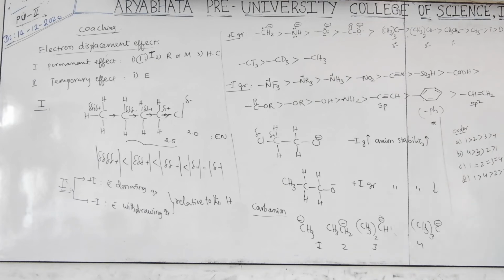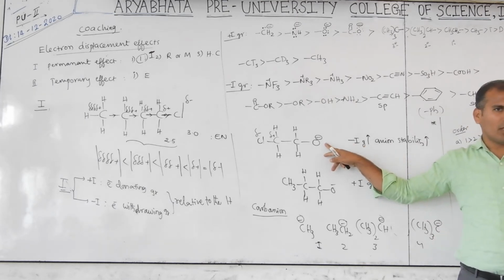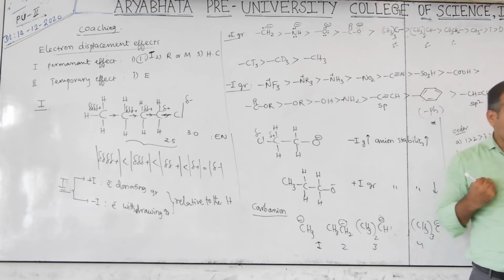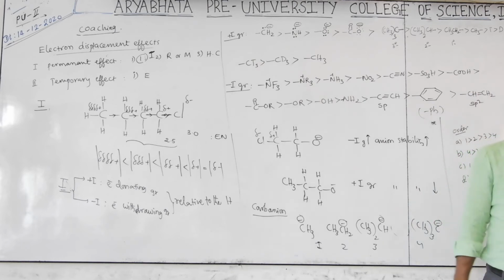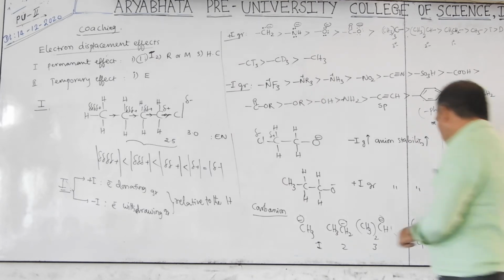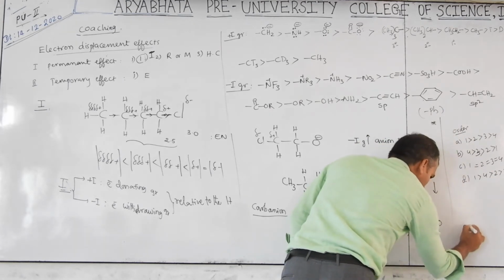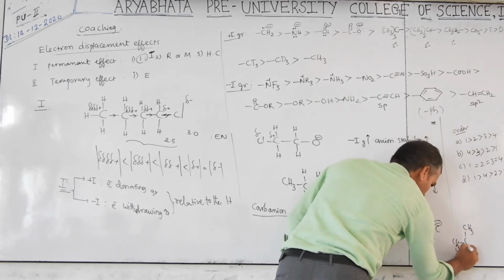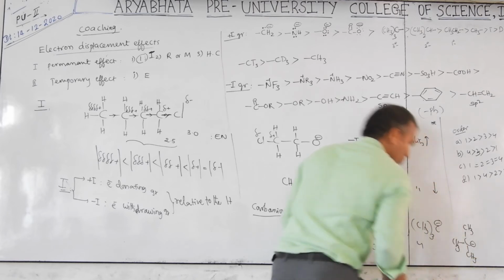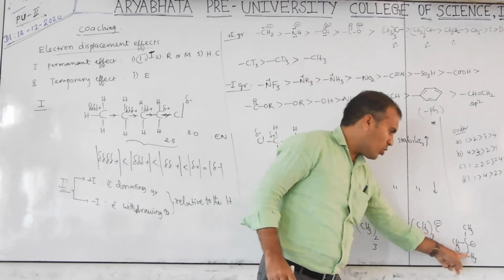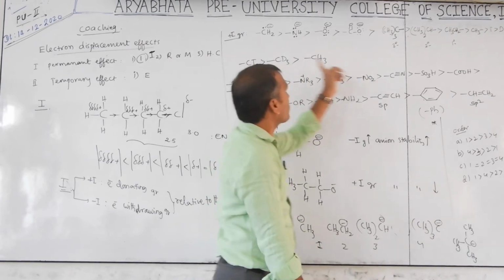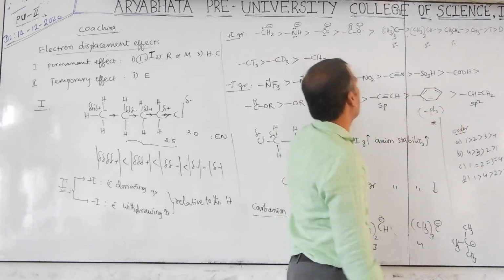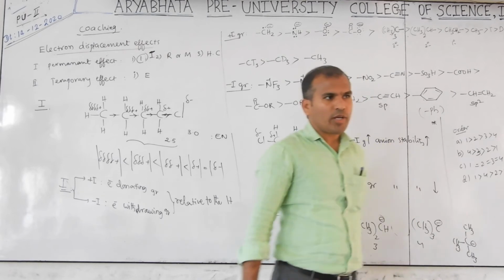Now, a stable carbanion is required. Already I told you, for a negatively charged species, is an electron withdrawing group or donor group required? Withdrawing group required or not? Here, this is a negative charge on carbon. This can be represented as CH3, CH3, CH3 with a negative charge. Methyl group, donor group or withdrawing group?